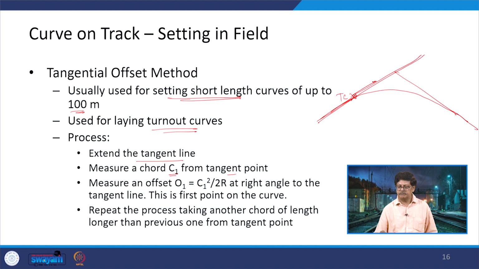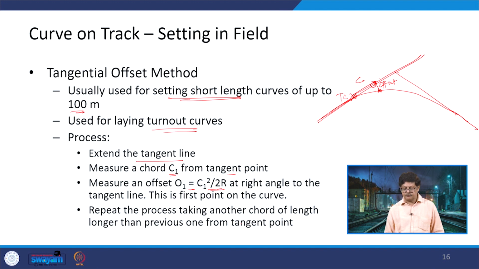From here we measure the chord, say this is C1, that comes up to this point. Measure the offset O, which is C1 square divided by 2R, at right angles. So, from here at 90 degrees we consider the offset, and this offset is given by the square of the chord length divided by 2R. Now, this becomes the first point on the curve.